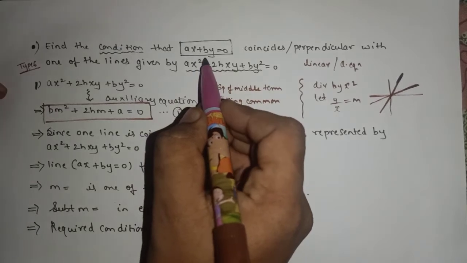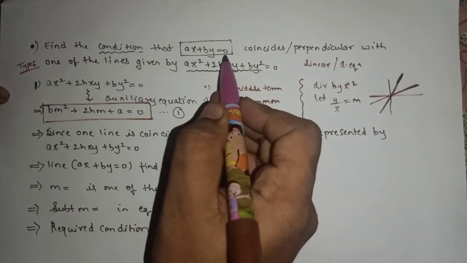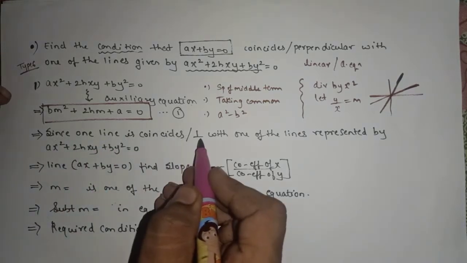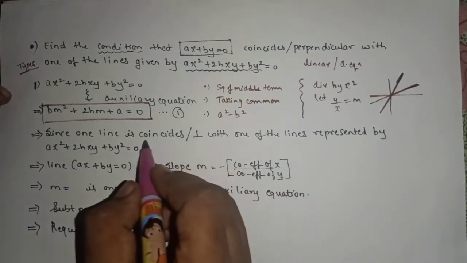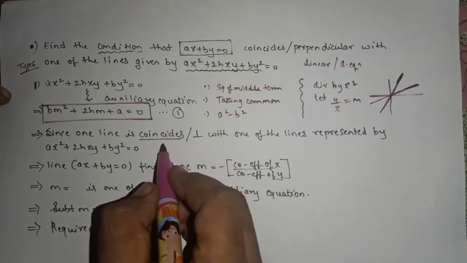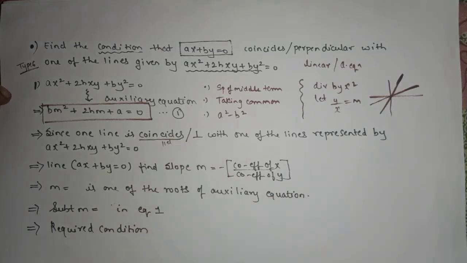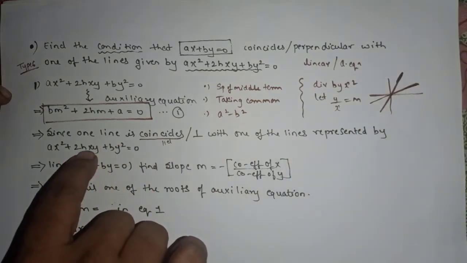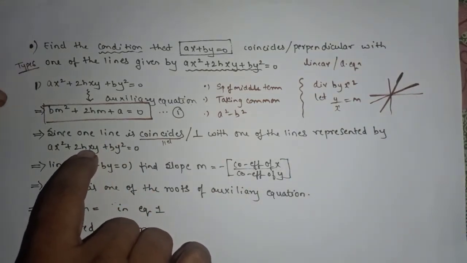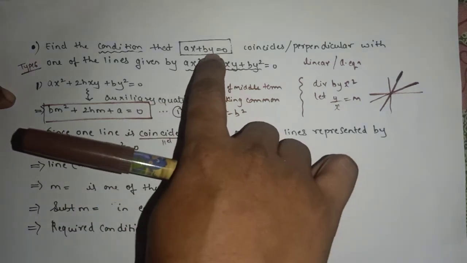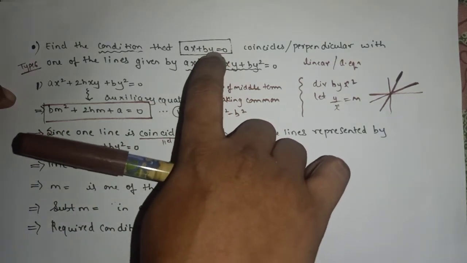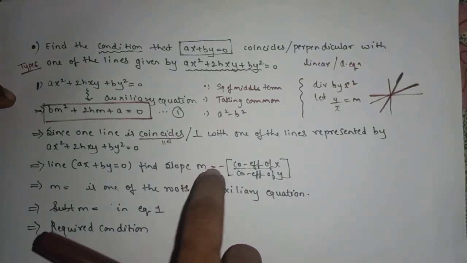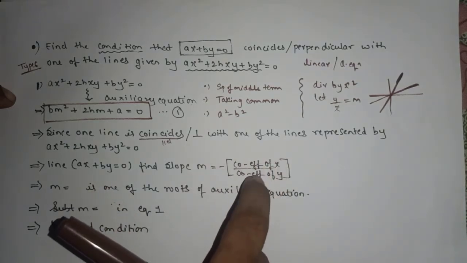as we have one line, that is ax plus by equals to 0, it is a linear equation. Since one line coincides or is perpendicular, and we know that it is also known as parallel, with one of the lines represented by this. So of this linear equation you will find the slope, and we know how to find the slope by using the formula, that is minus coefficient of x upon coefficient of y.